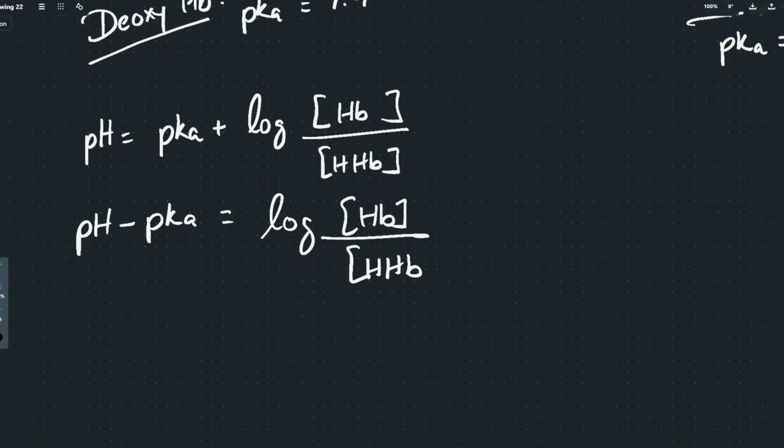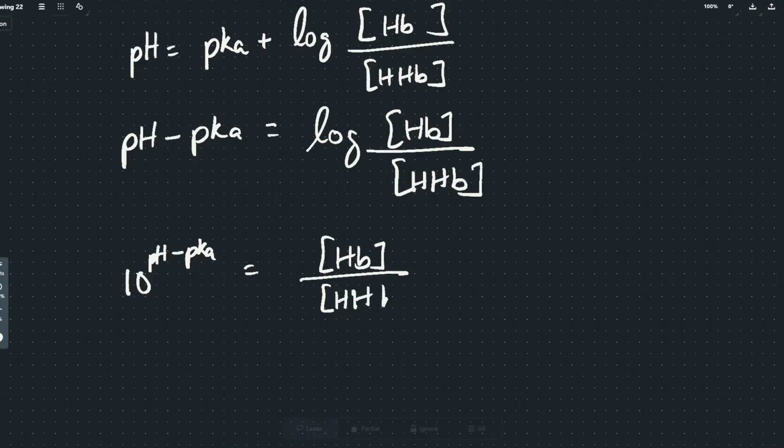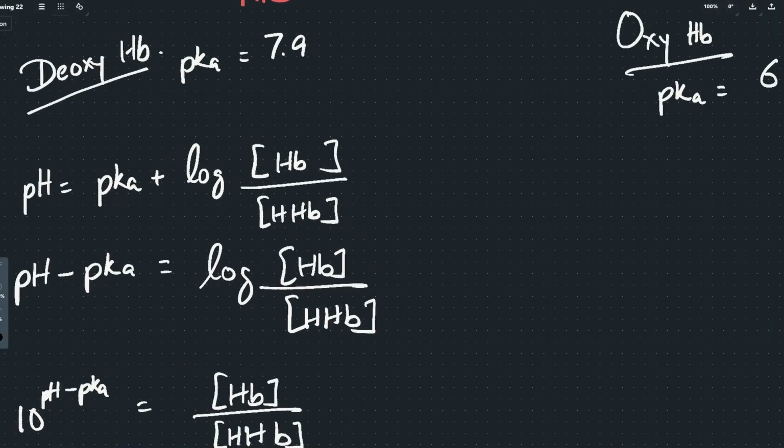Now we can take the anti-log on both sides, and anti-log is 10 raised to power something, right? 10 raised to power pH minus pKa is equal to 10 raised to power log of this, and the log can be cancelled out with the anti-log, and it will simply become Hb over HHb. We can get the ratio using this, right?